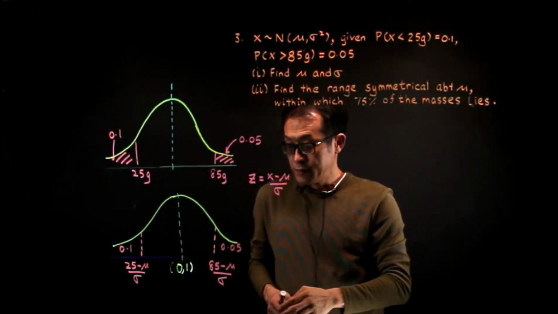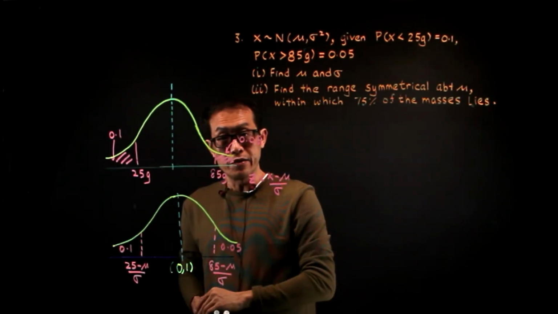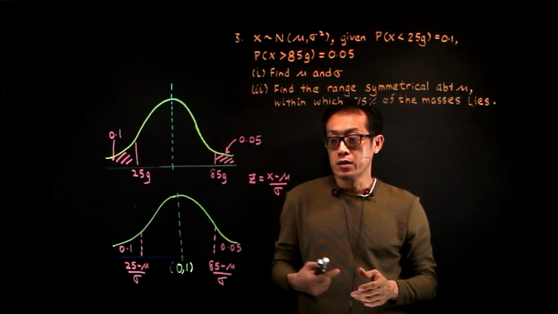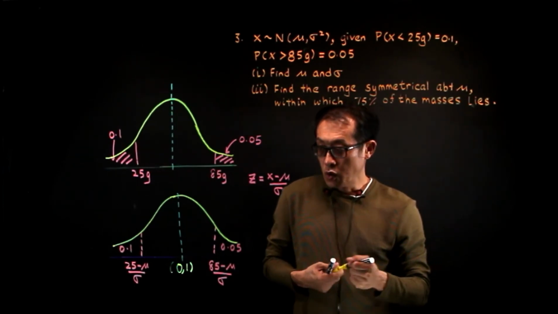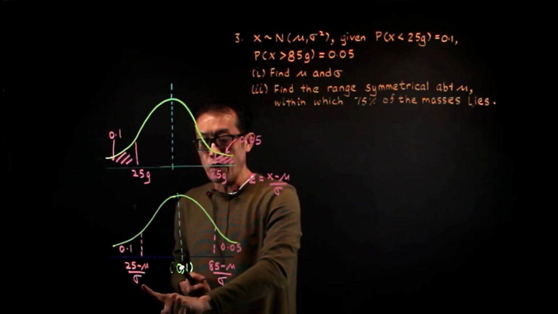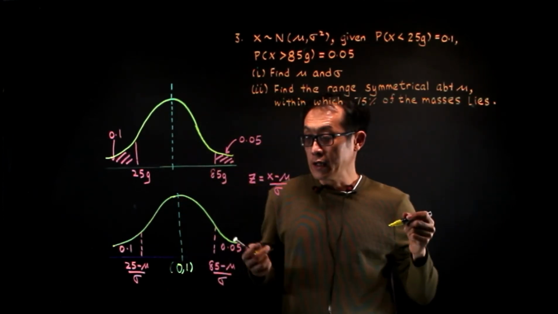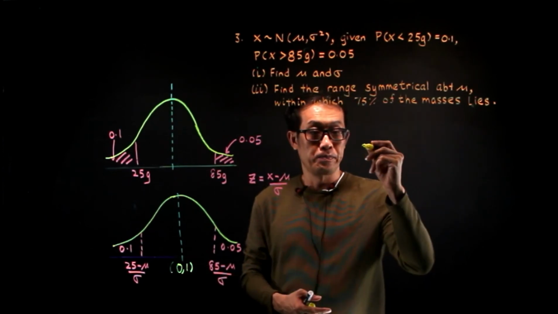Now that we have the mean and the standard deviation, we can use our graphical calculator to help us. So we need to find the corresponding point for this in a normal distribution. So how do you do that? Now you can do an inverse normal.